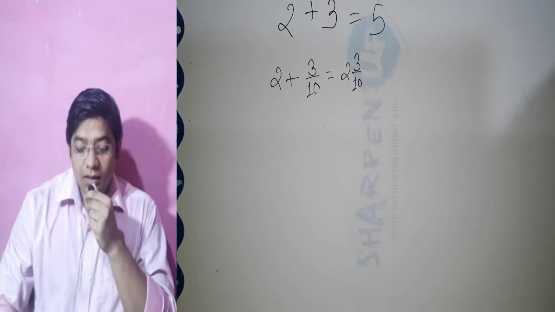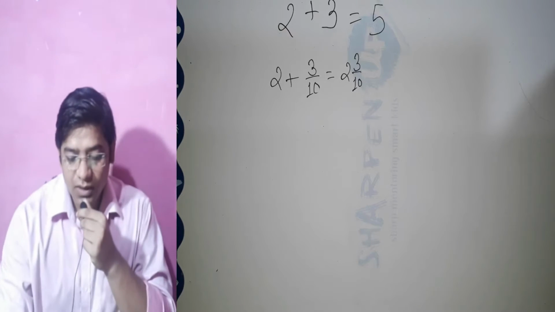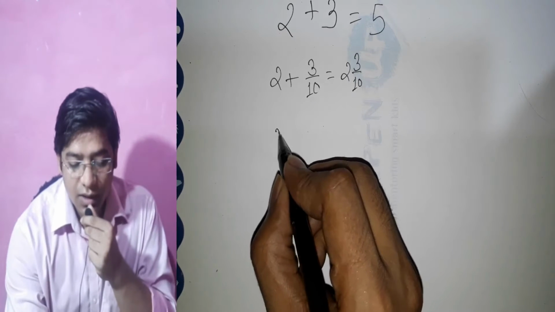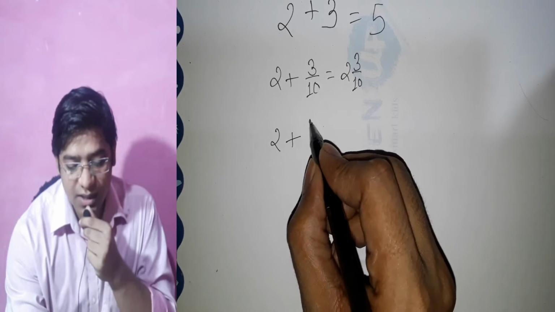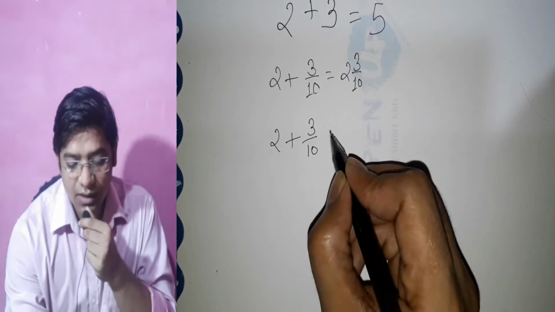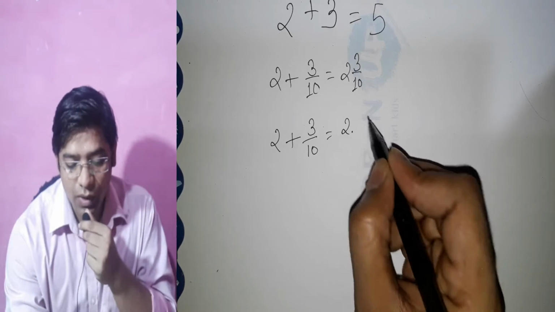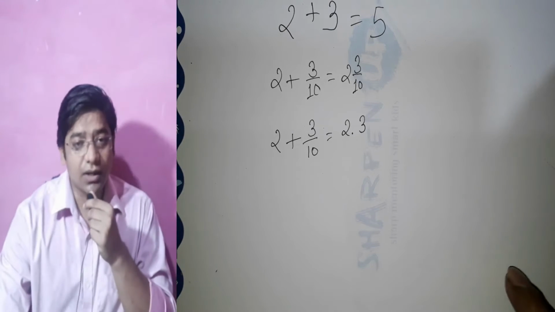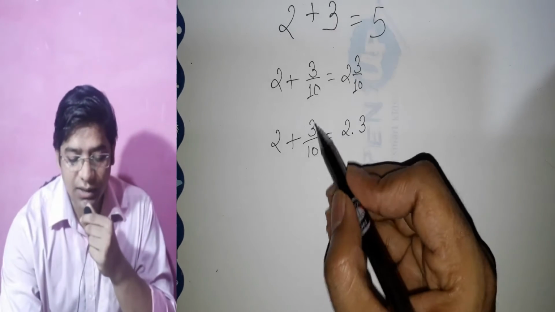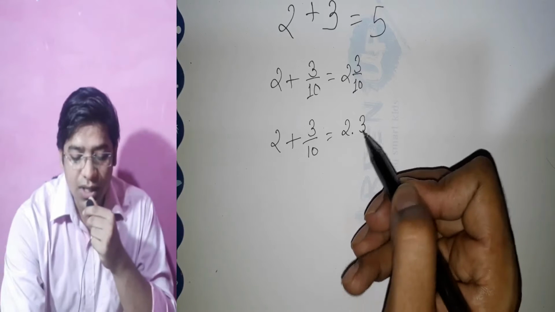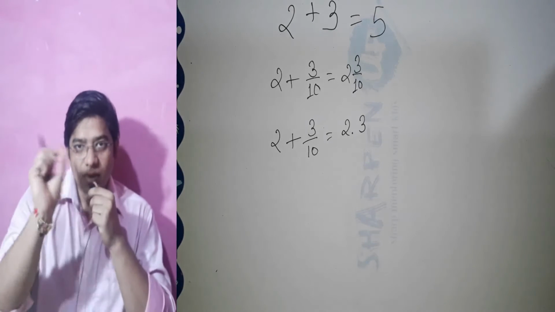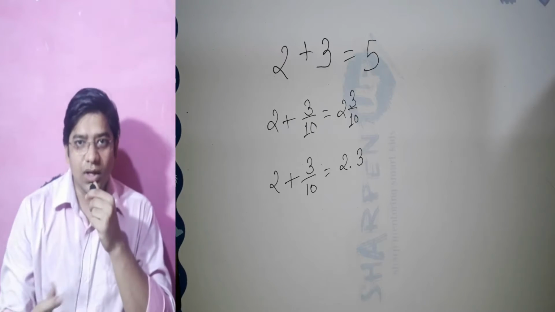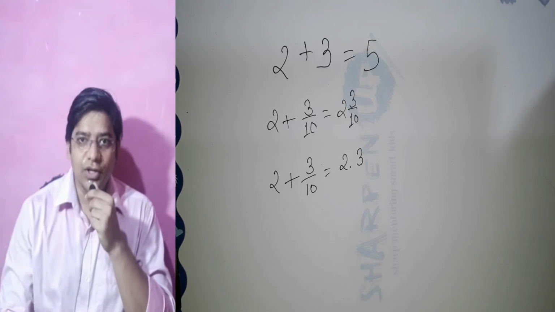So what is a decimal? The same number can be represented as 2.3. What we have done here is simply write 3 upon 10 by using a point sign and writing 3. What if I have 100 in the denominator?